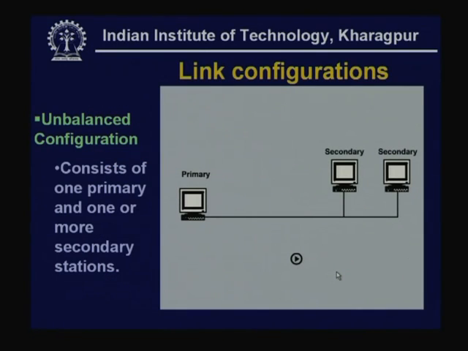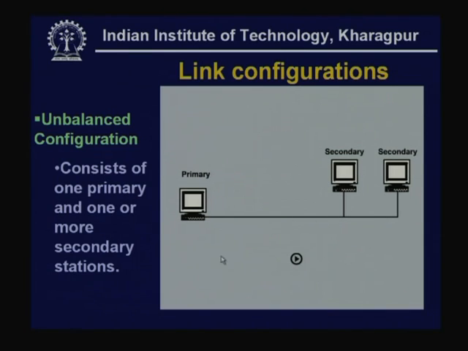Now let us consider the link configurations. There are several link configurations, and unbalanced configuration is the first one. In the unbalanced configuration, it consists of one primary and one or more secondaries. With one primary and one secondary, it can be point to point, or with one primary and several secondaries, it can be multi point.